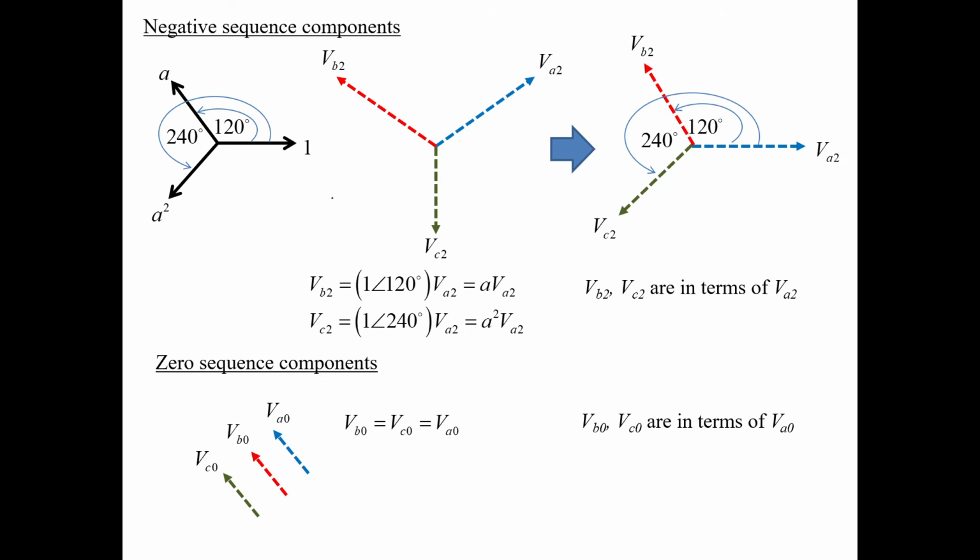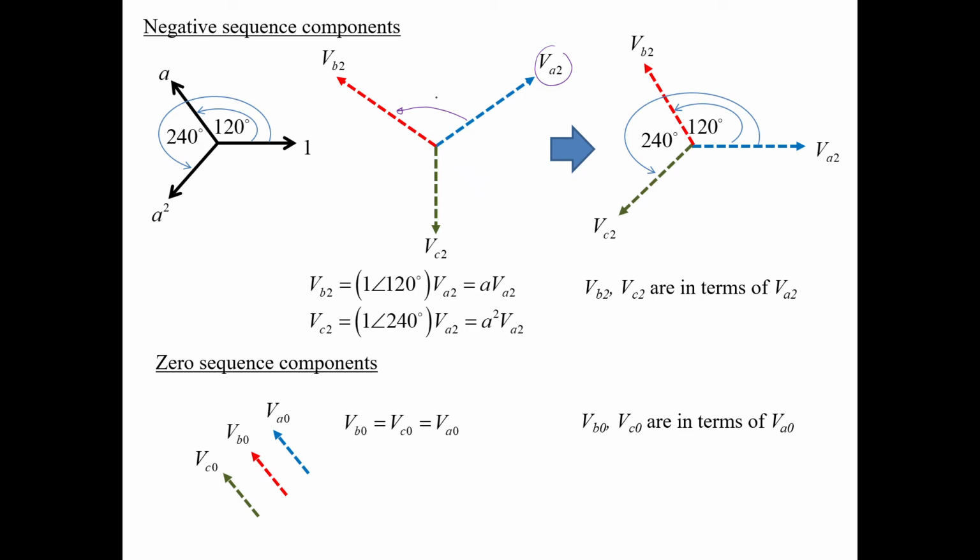Now let us continue with the negative sequence. The negative sequence looks like this. So from VA, if you want to get VB, you just rotate once by the A operator. So VB is just A times VA.